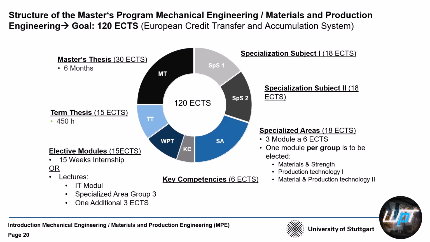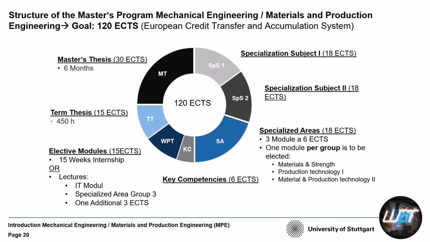In total, at the end, with your master study here in Stuttgart, you will get, according to other universities as well, 100 ECTS in total. And they are subdivided here in 2 specialization subjects, 1 and 2, which both deliver 18 ECTS. Depicted in gray and in black, as you can see here.